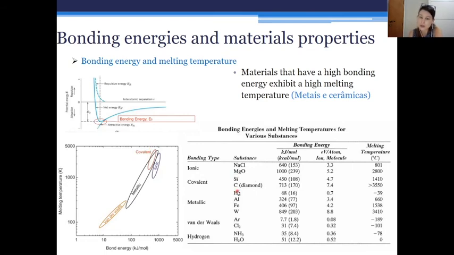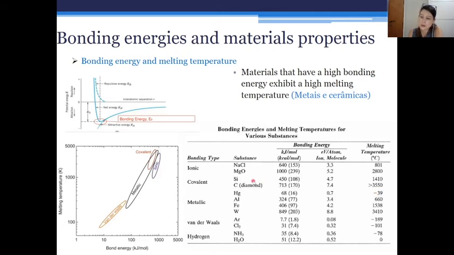If you look at this table, regarding the covalent bond, for example, diamond is composed only of carbon. In this material, the carbons are linked together by covalent bonds, and you can see the very high melting temperature of this material.